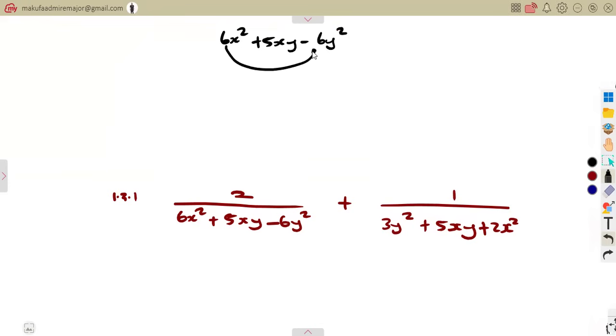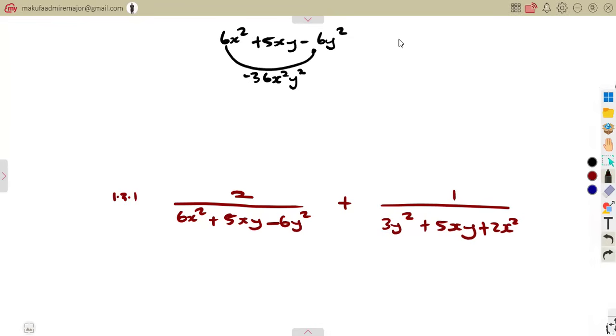You multiply this to this term, you obtain negative 36x squared y squared. Then you find two terms that you multiply. When you multiply, they must give you this negative 36, but when added, remember they must give us a positive 5.